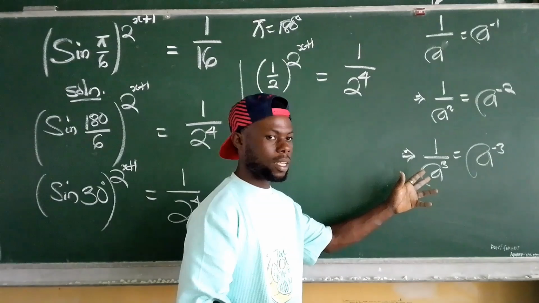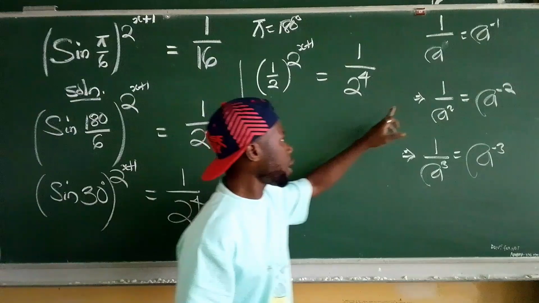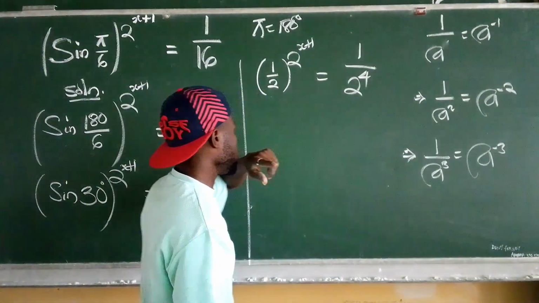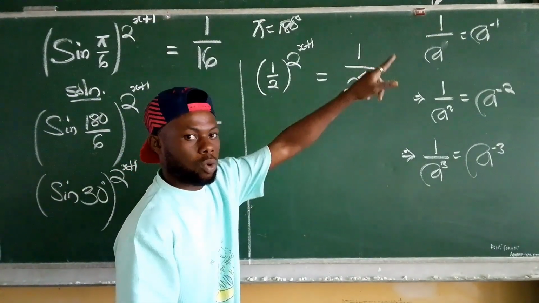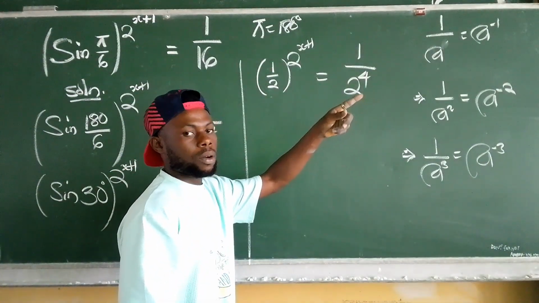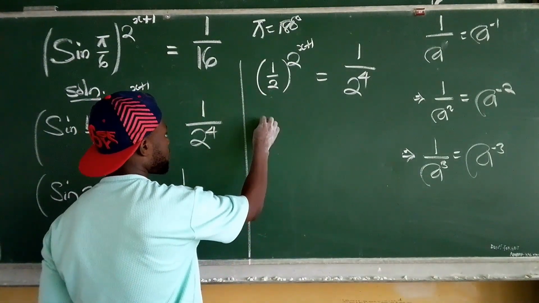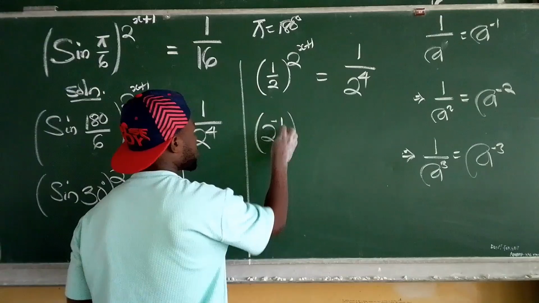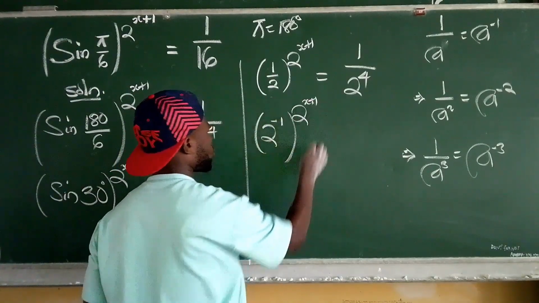With this knowledge, we can easily put these into their respective forms. Comparing 1 over 2 with 1 over a, 1 over 2 gives 2 to the power of minus 1. In the bracket, I'm going to have 2 to the power of minus 1, then raised to the power of 2, which is raised to the power of x plus 1.